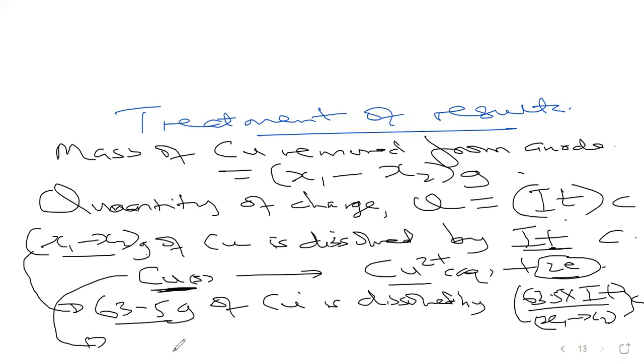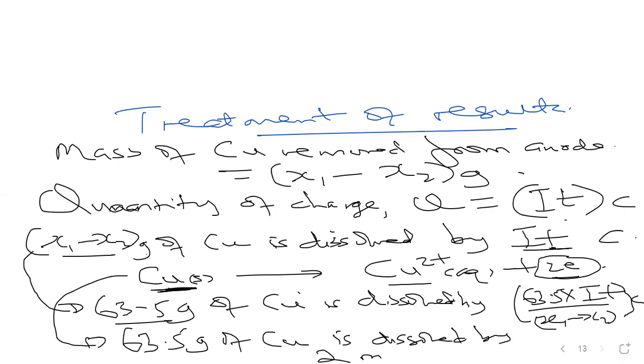In terms of the equation, we see that 1 mole, still the same mass, 63.5 grams of copper, is dissolved by 2 moles of electrons.